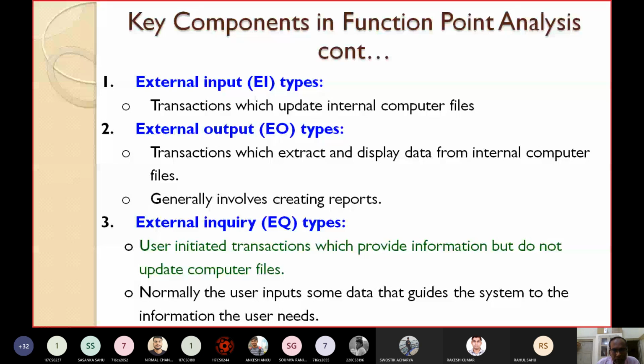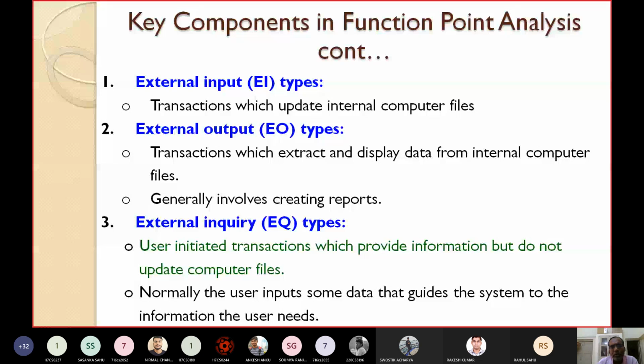External inquiries are also known as external queries. These are user-initiated transactions which only provide some information, maybe through a table lookup or data search or database search, but they do not update the computer files. Normally, the user inputs some data that guides the system to the information the user needs, isn't it?